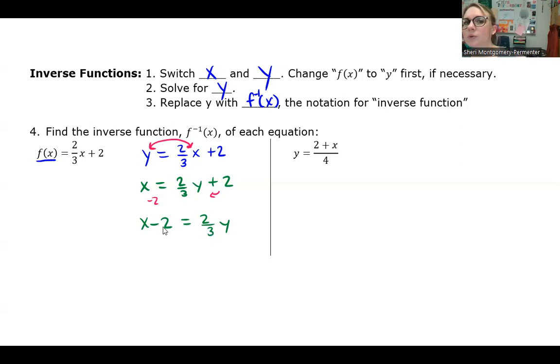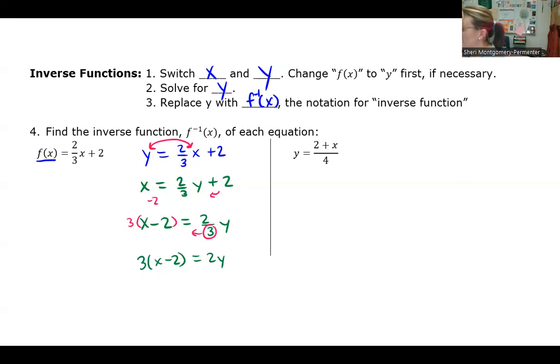So over here, we will multiply by 3. And when you multiply, you have to multiply everything. And we can leave it like that. We don't have to distribute it in.